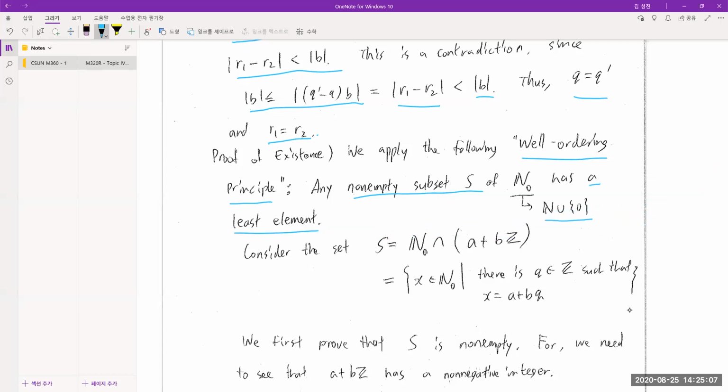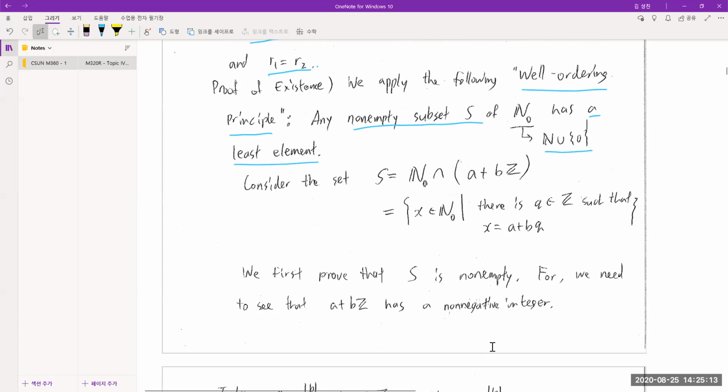The least element means the smallest possible element in the set. So set up the set S as the intersection of N0 with the a plus bZ forms of integers. So it is all the non-negative integers satisfying x equals a plus bq for some integer q.